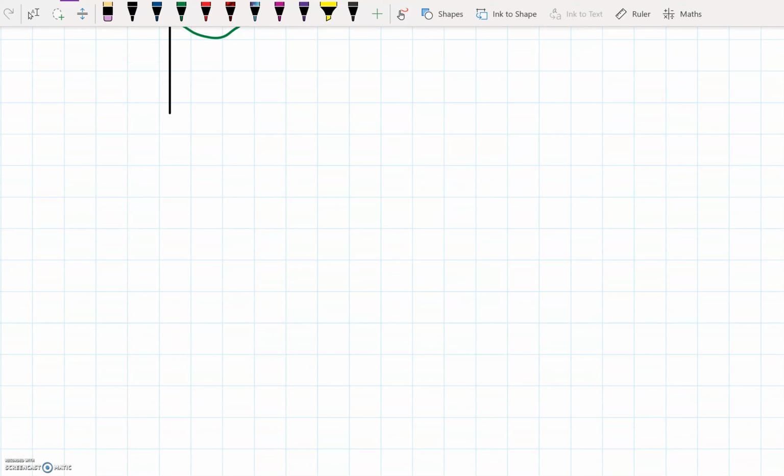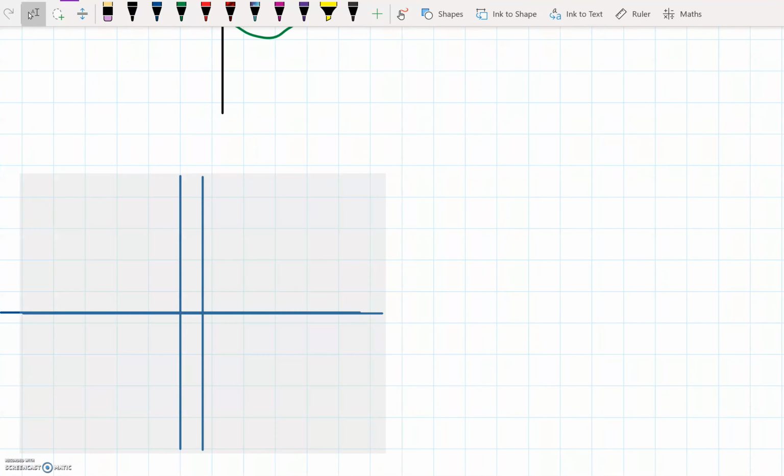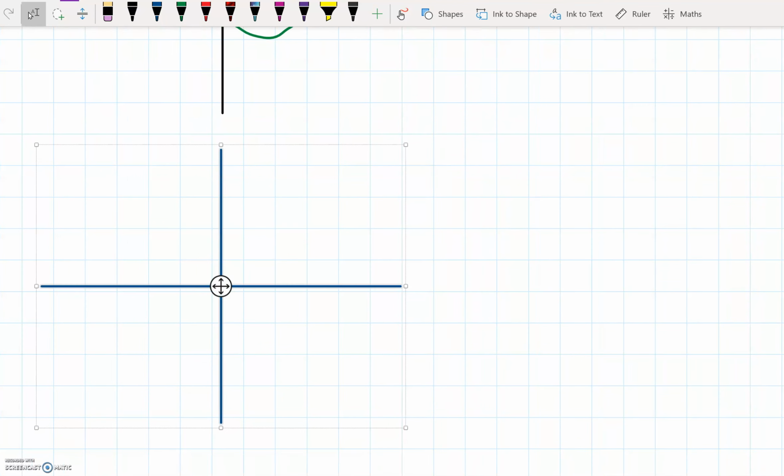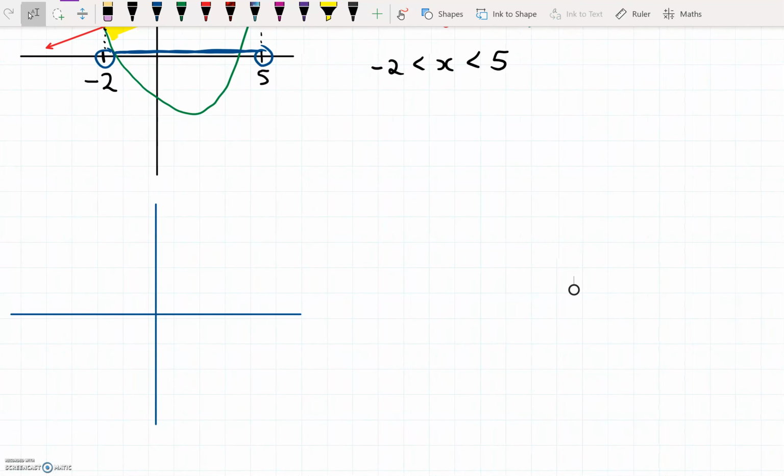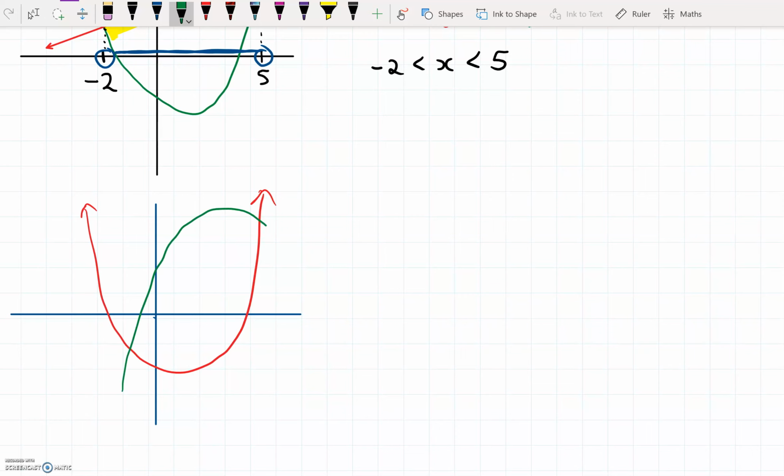So let's draw another one. I'll move this over, it can line up with the other one. In this case, we will do a parabola like this, and a parabola like this.